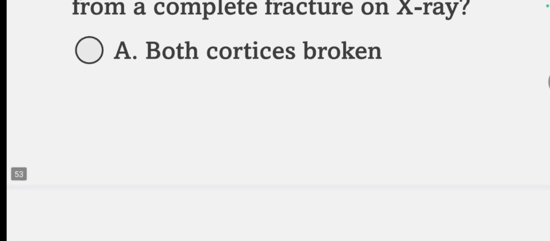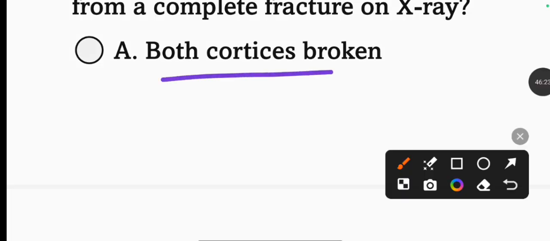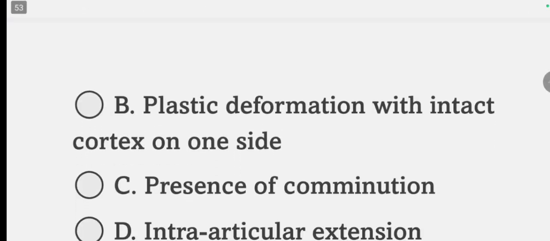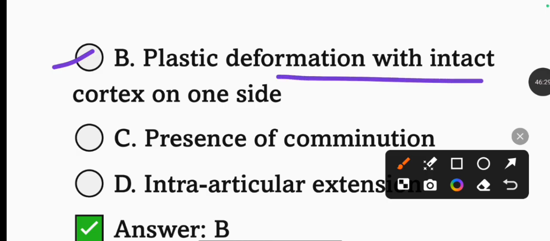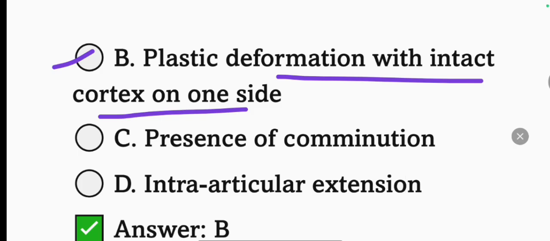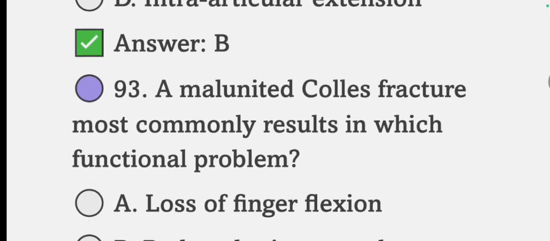Okay, so both cortices are broken in a complete fracture, but in a greenstick fracture, B option given is the correct option. Plastic deformation with intact cortex on one side, and the opposite cortex is bent, right, because greenstick is a partial break injury, a partial break fracture. So B option given is the correct option.